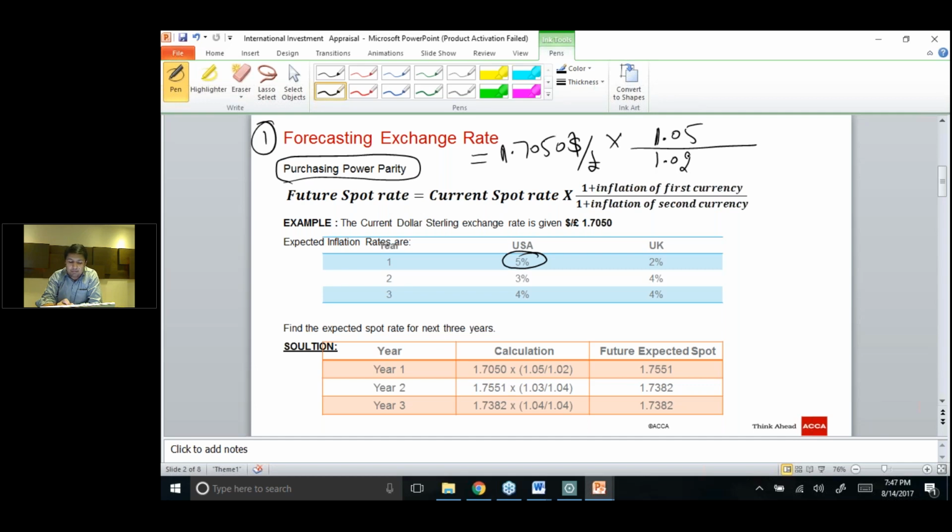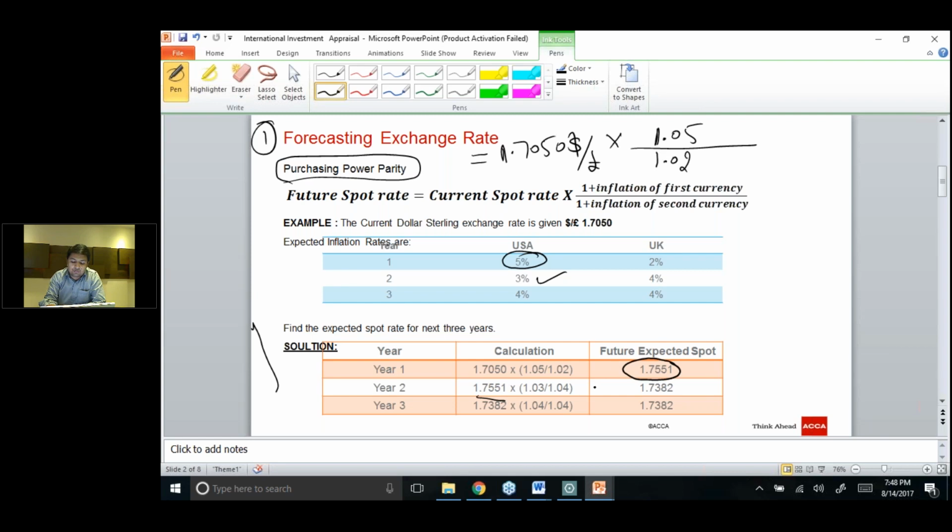And by solving it, its answer will be 1.7551. In order to forecast the second year future spot rate, I will take the answer of the first year spot rate as a base, then multiply it with the inflation of the next year and divide it with the inflation of the second currency of the next year.